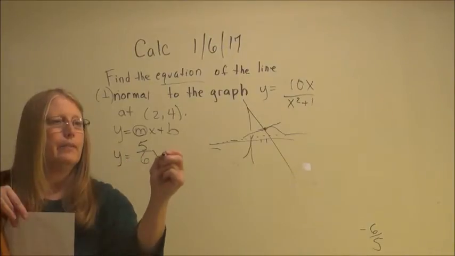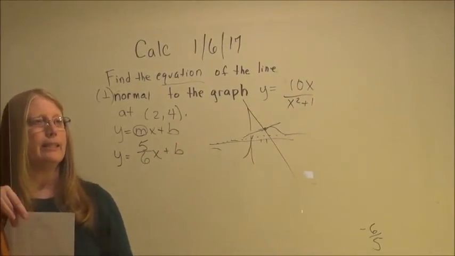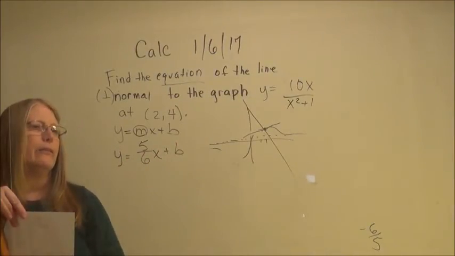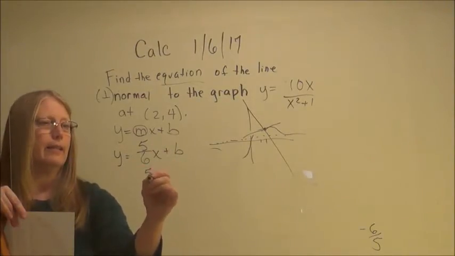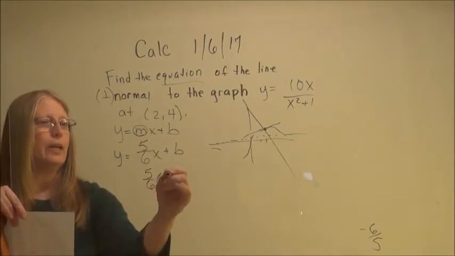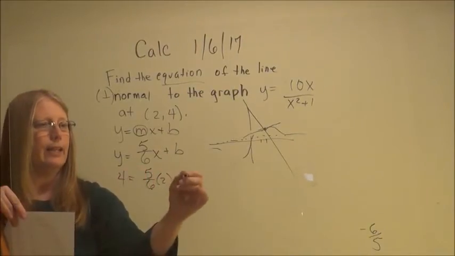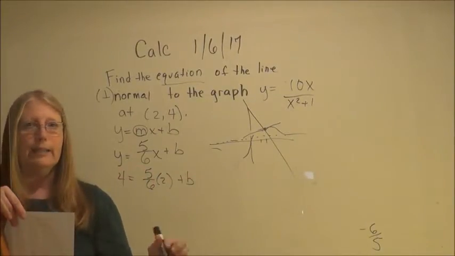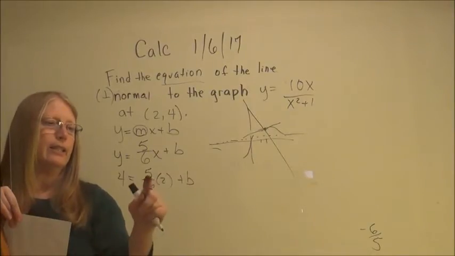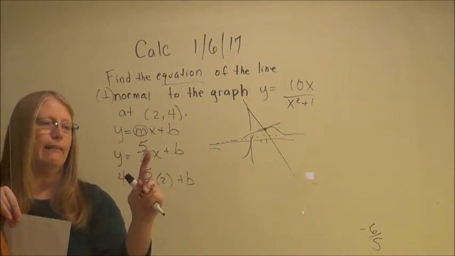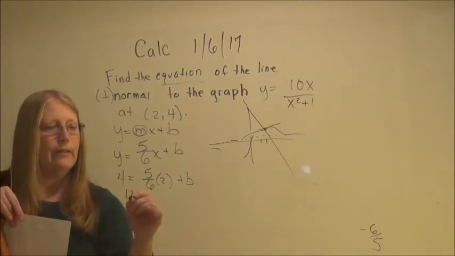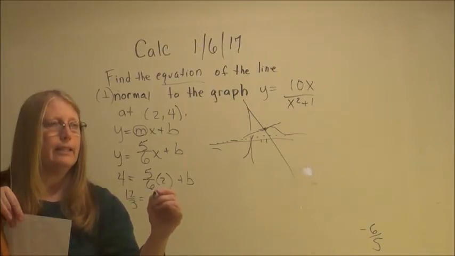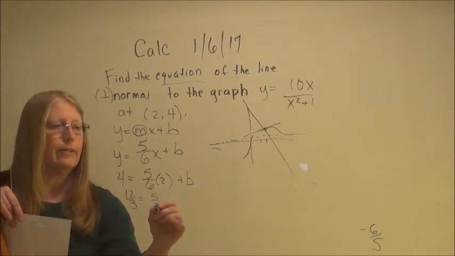So now, similar to what we saw in the last example, we are going to find b by putting in a 2 for x, and they also gave us the y. We didn't have to go calculate it. One less thing. So this is going to be 5/3. So 4 is 12 over 3, and this is 5/3.